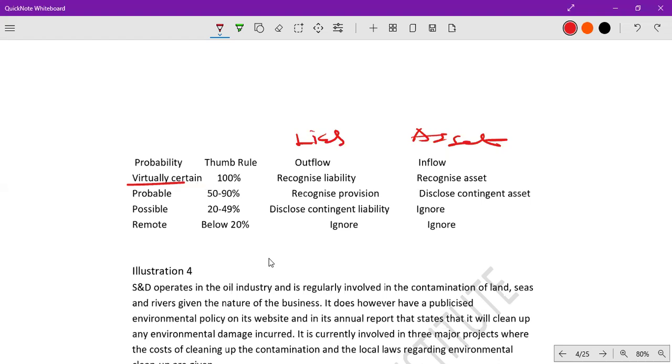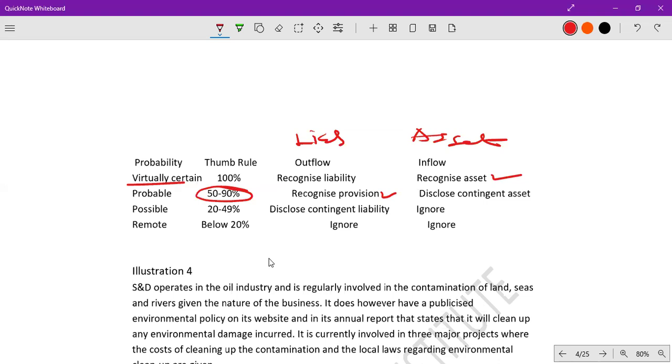That is why we are recognizing the asset. When we say it is probable, it means it's likely to happen. These percentages are just a guide. If it is probable, for the liability you recognize it, but for the asset we don't recognize.